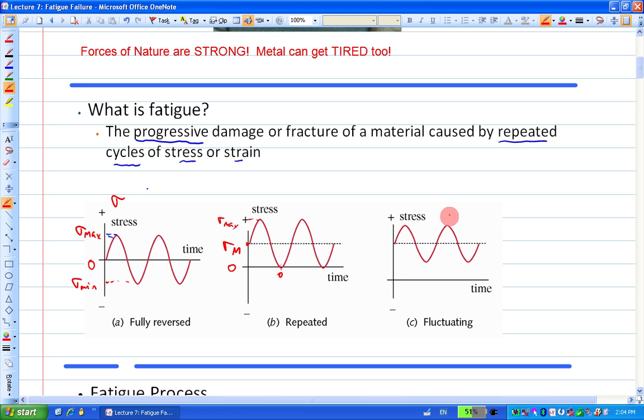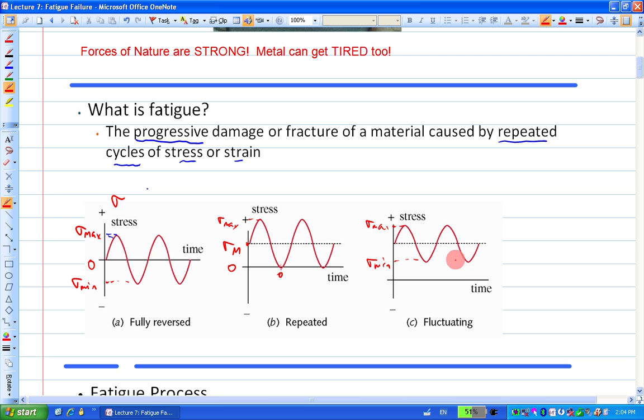Then this one here is the so-called fluctuating stress. In this particular case, you have sigma max and sigma mean, and sigma mean is not 0. That's called fluctuating loading.